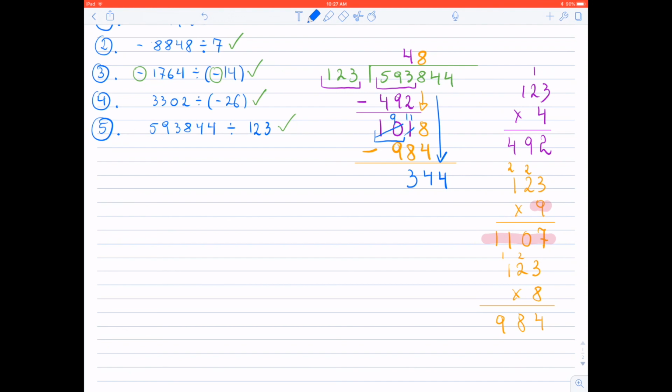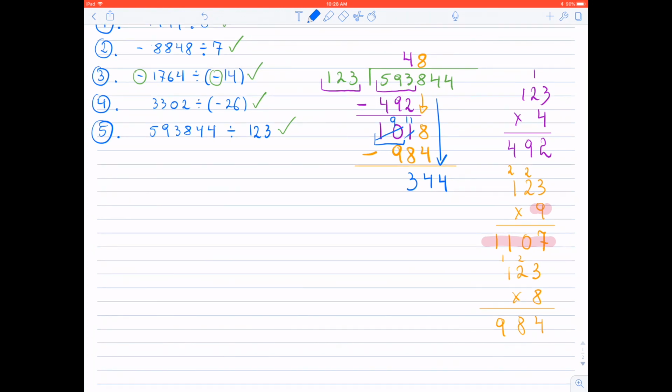Okay, so how many times does 123 go into 344? Well, it goes at least 2, I can see, because that's going to be about 240, give or take. Now, 3 times, well, if it's 240 already, so 3 is going to be a little too high. So I'm just going to guess 2. And let's see what happens.